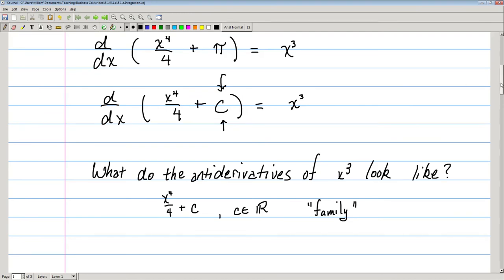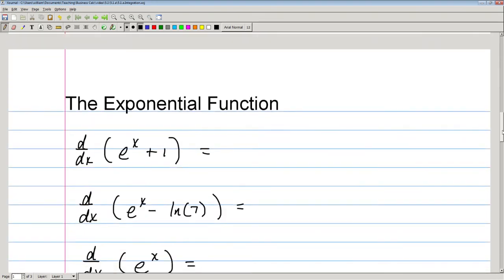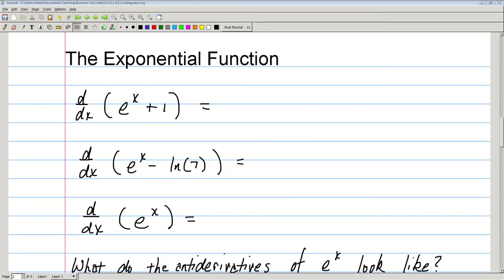Well, let's look at the antiderivatives of the exponential function. The derivative of e to the x plus 1 looks like the derivative of e to the x plus the derivative of the constant 1. So it's e to the x.